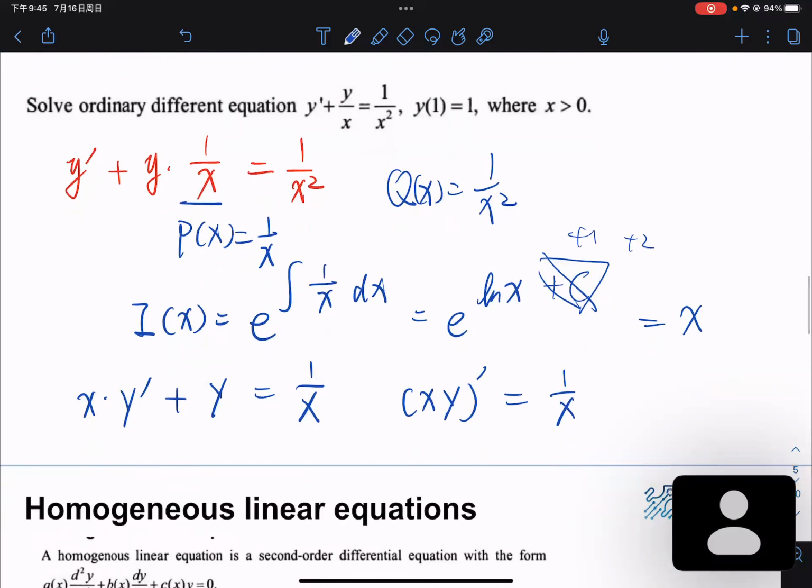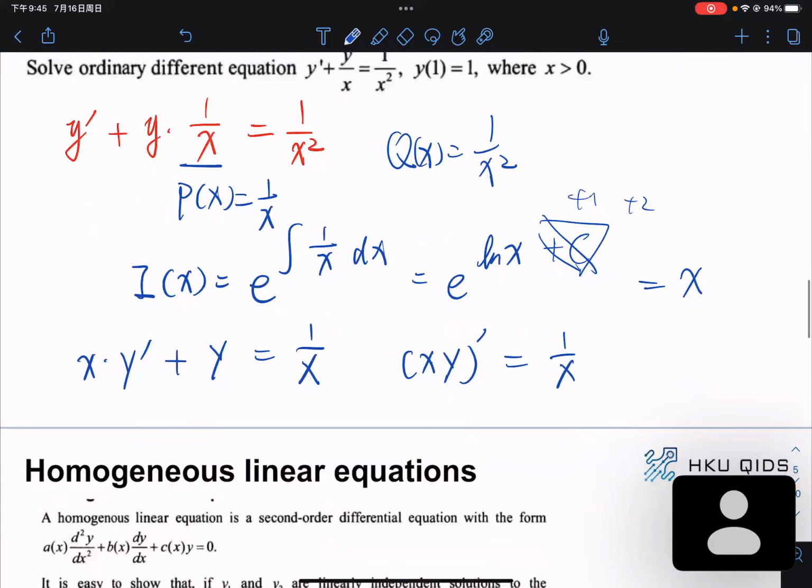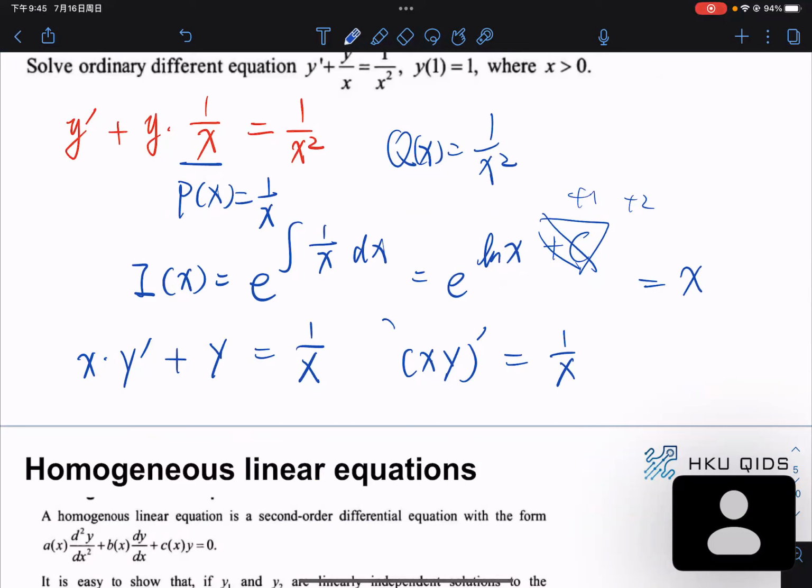And then we can take the integration. Taking the integral of both sides, we need to write this as a z because this here is going to be this dz, okay? d(xy), and this is dx. And this part is going to be xy, right? You just convert it back to its original format because this is the first derivative.